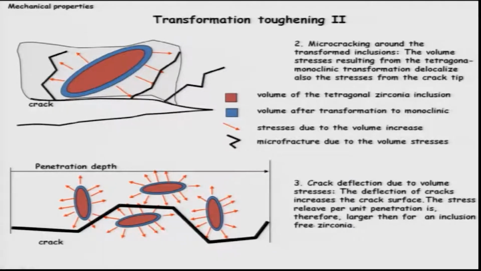You can also have micro cracking around the transformed inclusions. Let me explain. If I have one crack going like this, then moving the crack requires tensile stress. Instead, if this crack becomes like this, many branch micro cracks form.